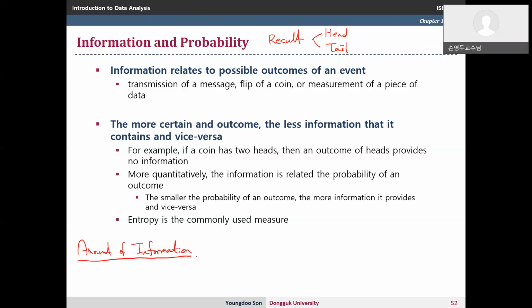For example, if a coin has only two heads and no tails, then its outcome will be head, of course, because it does not have any tail. So in this case, the outcome does not provide any information because everybody already knows the result will be head.